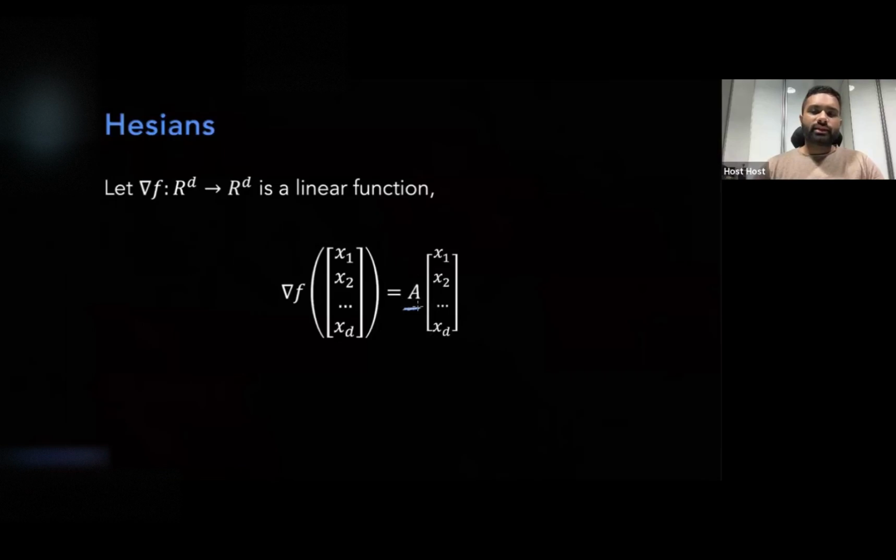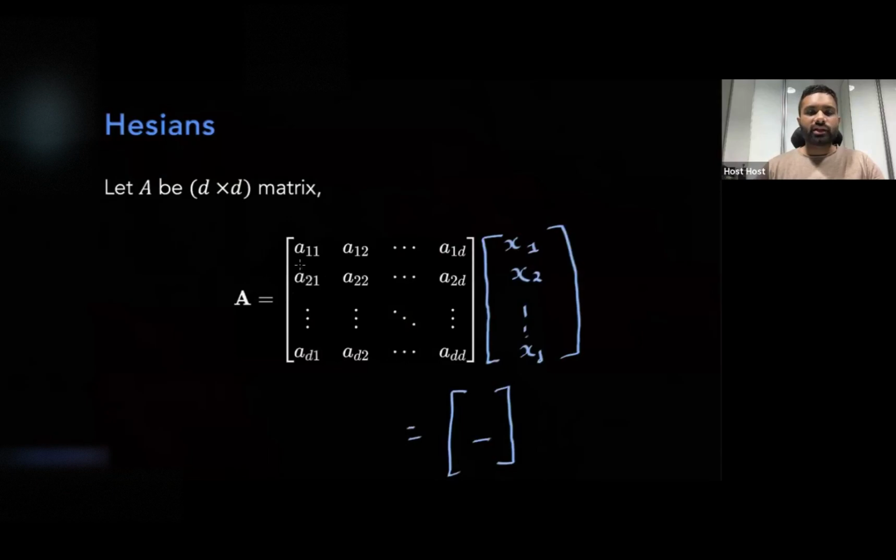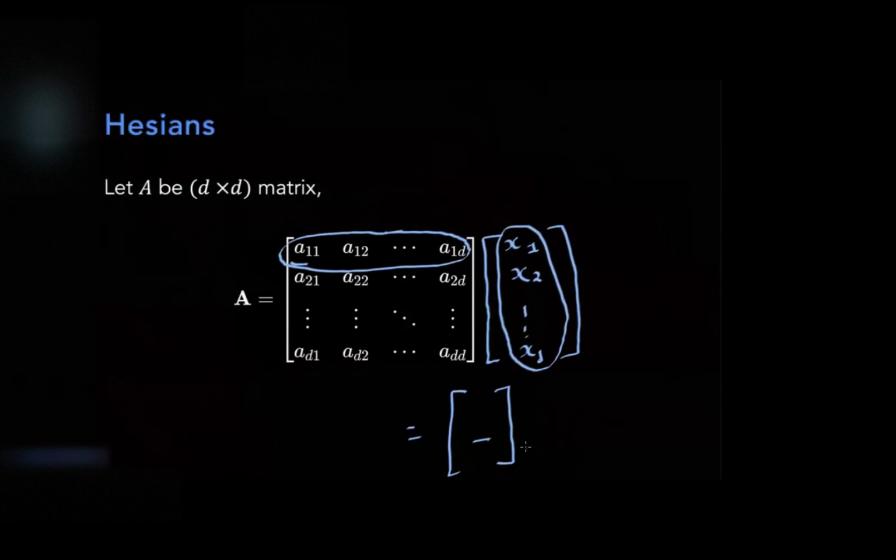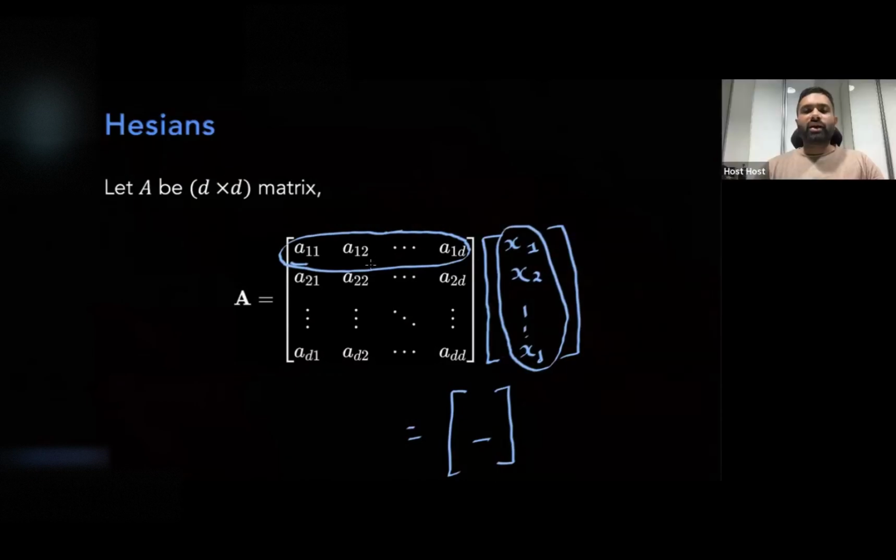A has certain values. This particular B is a vector, and this is a vector. Now I'm taking one more vector. So what is variable and what is constant in these cases? The variables are x1, x2, xd. Now, if I want to take the gradient of the first entry, what will it become?